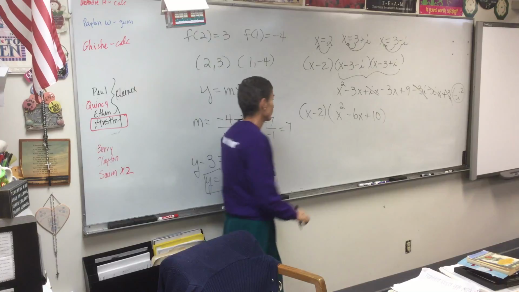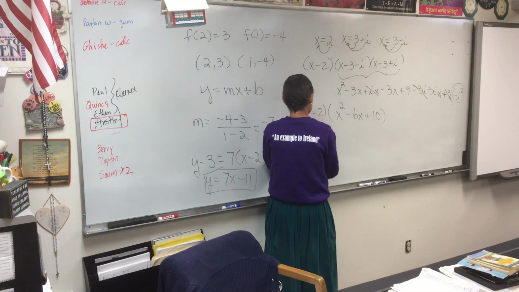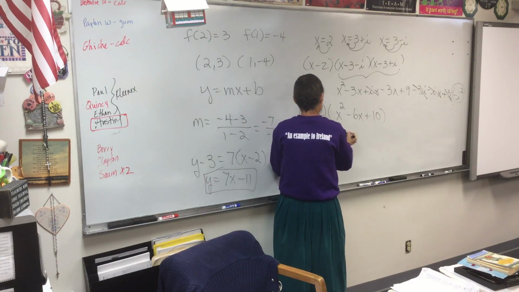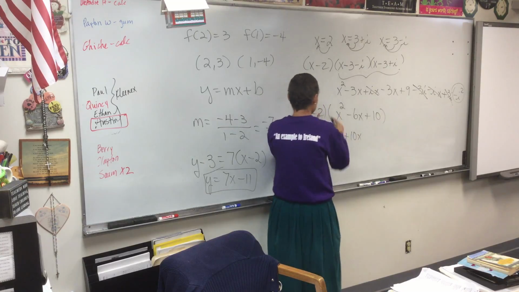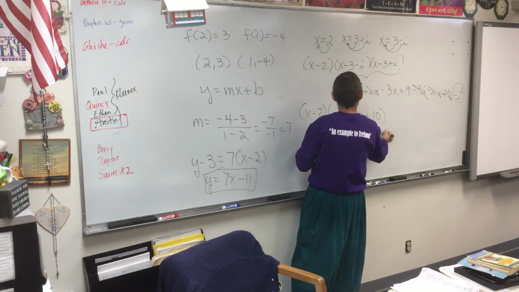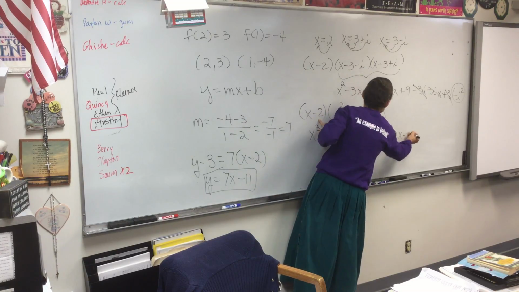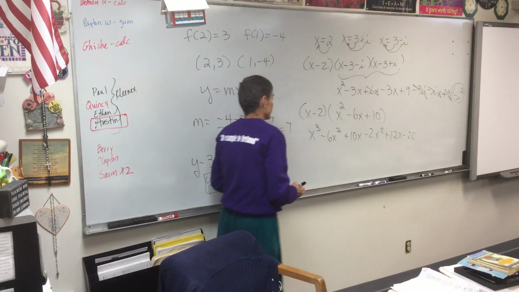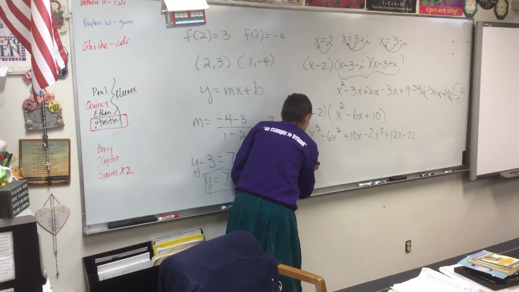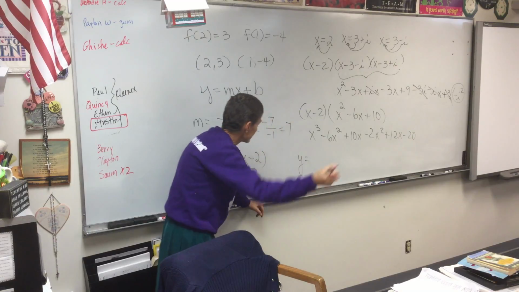So now I start over. I'm going to take this times all of those. And then this times all of those. And then I'm ready to say y equals. This is my equation. Somebody said y equals.